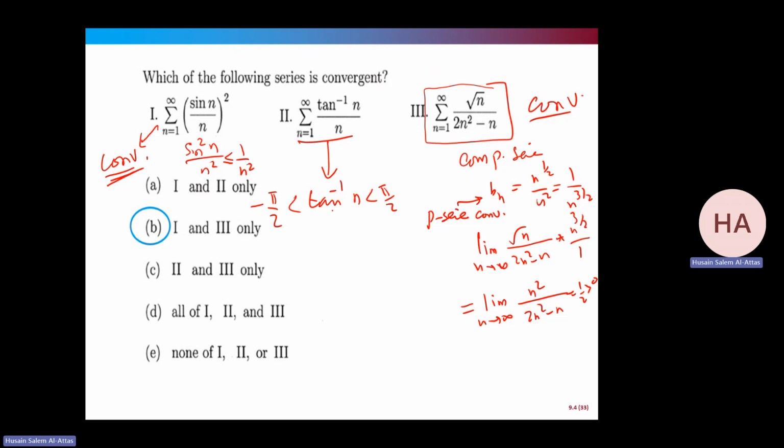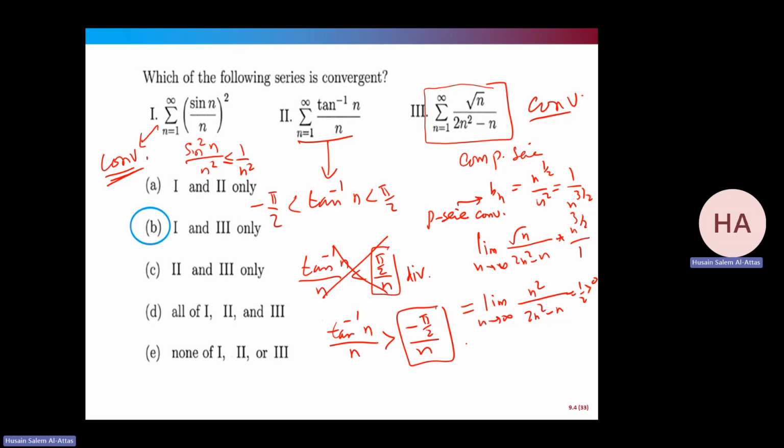So if we try, I divide by n, this one would not help because this one diverges. It's bigger, so that will not help me. That will do nothing with me. But the other way, when I say tan inverse n over n is greater than minus pi over 2 over n, I'm dividing by n, which is positive.